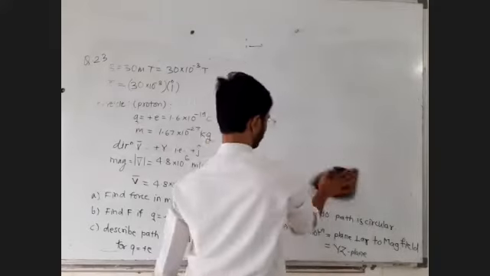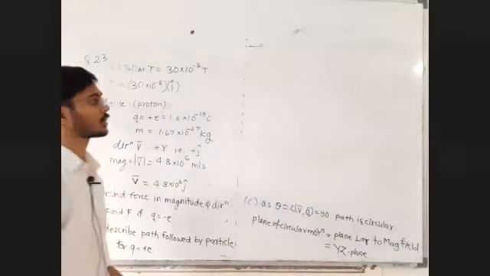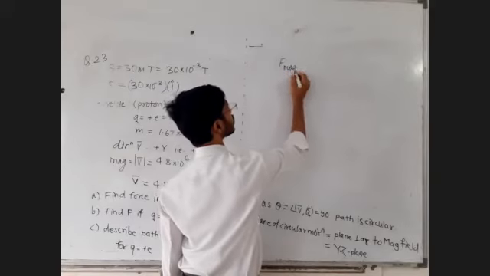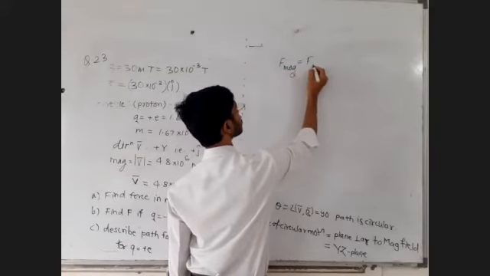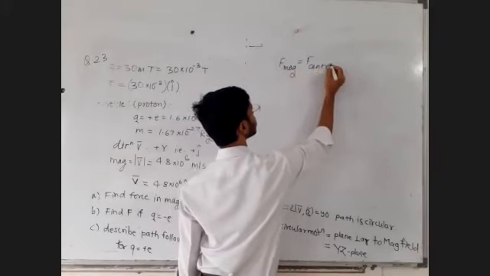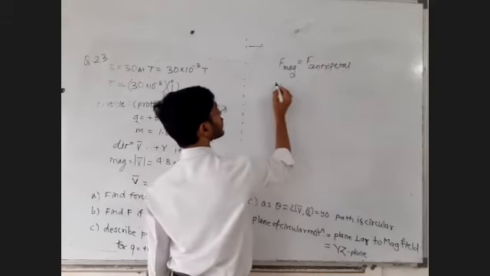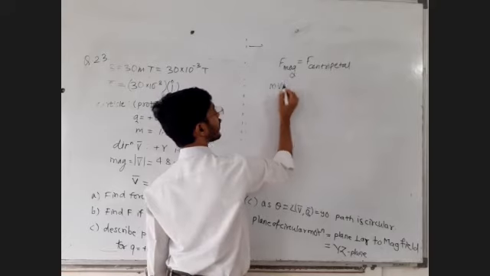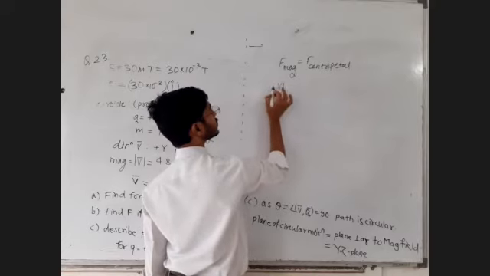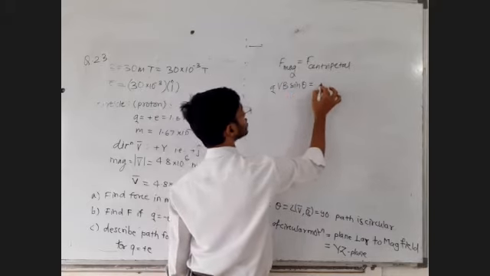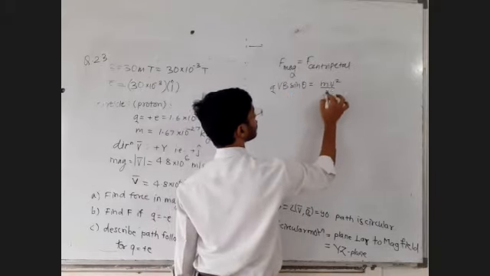Where does R is equal to mv upon bq come from? The force of the magnetic field provides the centripetal force. The magnetic force is qvB sin theta, and the centripetal force is mv square upon r.